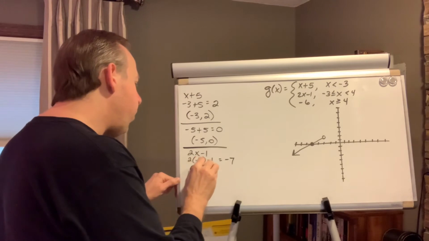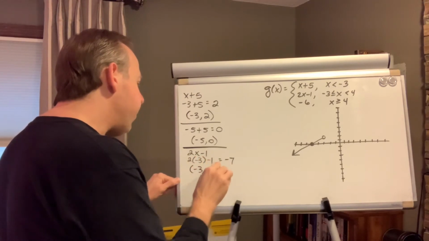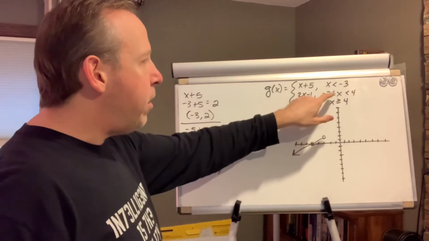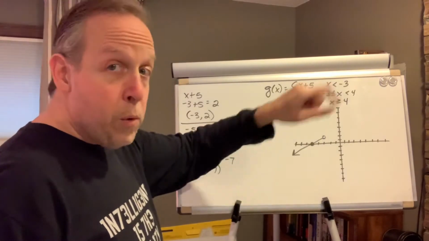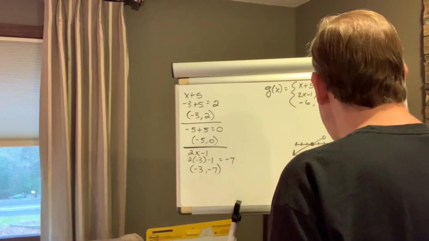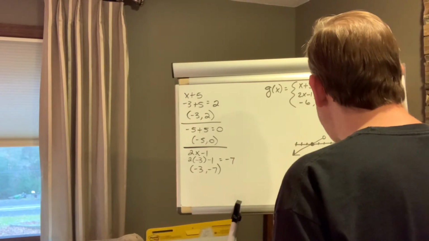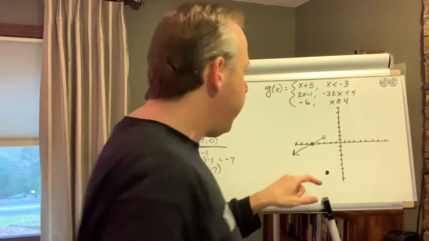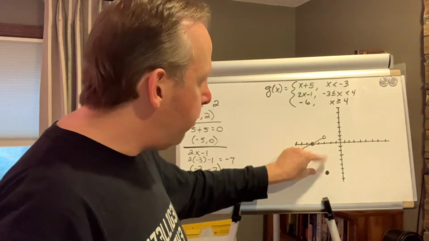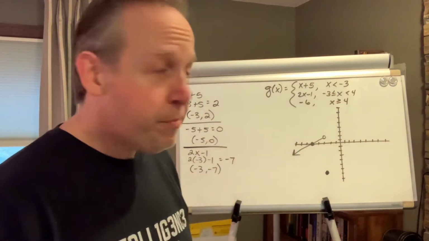So that's the coordinate (-3, -7). It's going to have a closed dot because it says or equal. So at -3, I'm going to go down to -7, and I'm going to put a closed dot right there. It is vertically right below that last open dot.